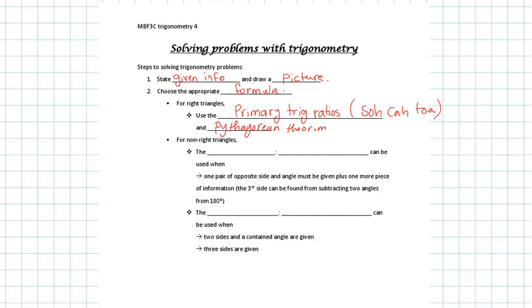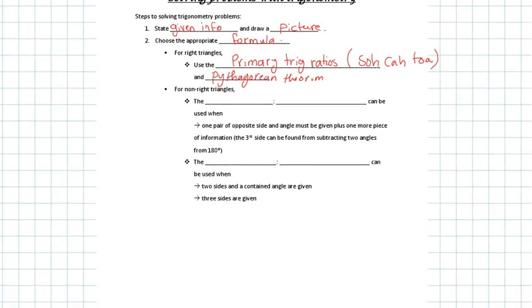So basically, this is what it says right here. Use cosine law when two sides and a contained angle are given, or three sides are given. I'm going to skip to this because it's easier to understand. There are way too many different versions of this, but we're going to write one.